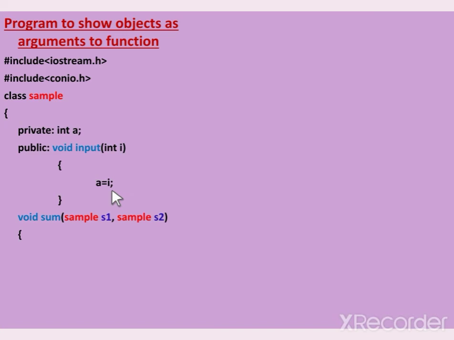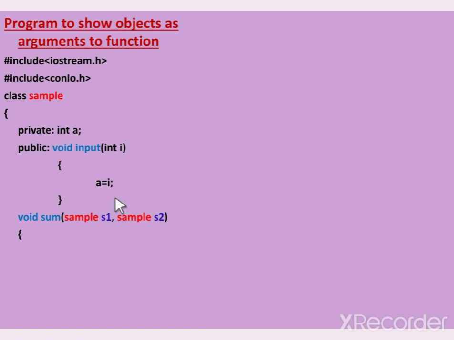Here I is assigned to A: A is equal to I. The I value is stored in variable A. If I am giving the value I is equal to 5, then that value 5 is stored in variable A. What will happen in this expression?